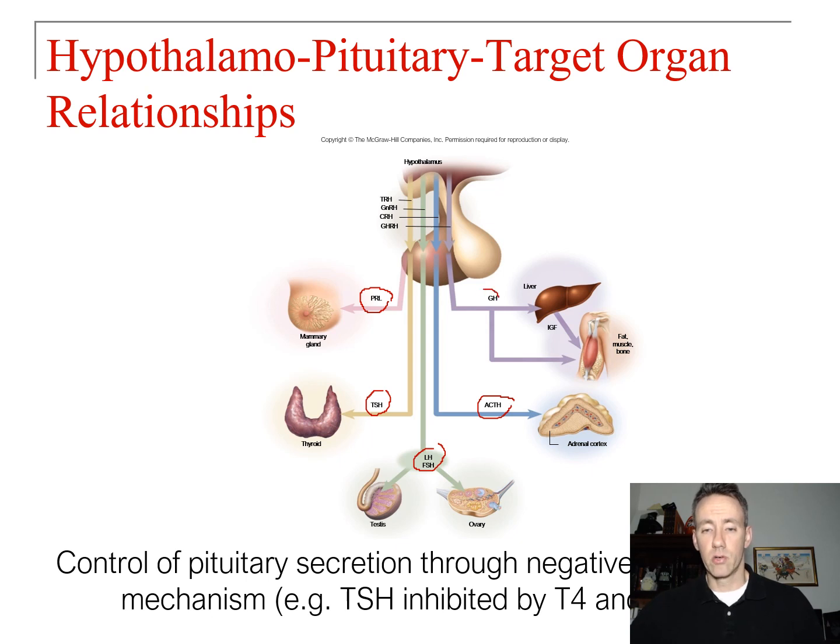And then growth hormone has much more far-reaching effects on multiple tissues. One of its primary effects is to act on the liver, where it produces an intermediate called IGF-1, which we're going to talk about. That can stimulate growth of things like muscles and adipose tissues. So growth hormone can act directly on a multitude of tissues, or it can act through the liver through intermediates.